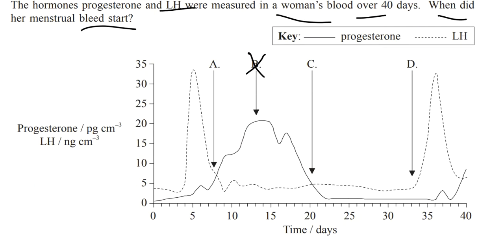Again, A is also probably not correct because progesterone levels are relatively higher compared to point C and point D. I would be tempted to go with point D, but we have this long period of low LH, and this is right before this peak, so I feel like this has to do with some other part of the menstrual cycle, and the period should be about here, I believe. Menstrual bleed should be here, so C seems to be the correct answer.